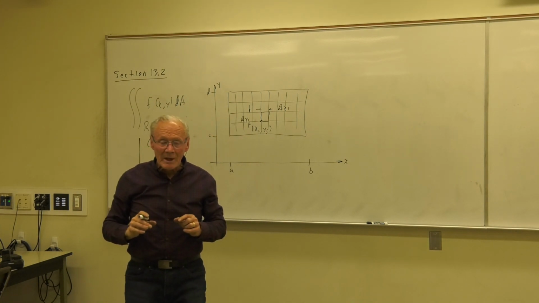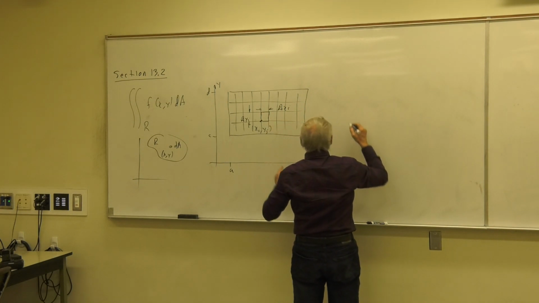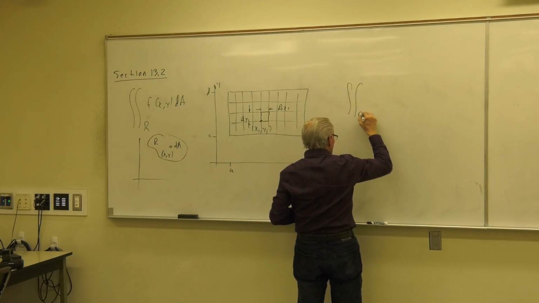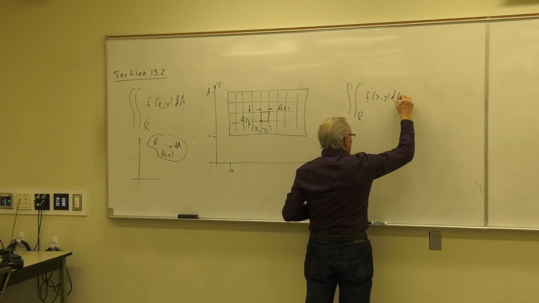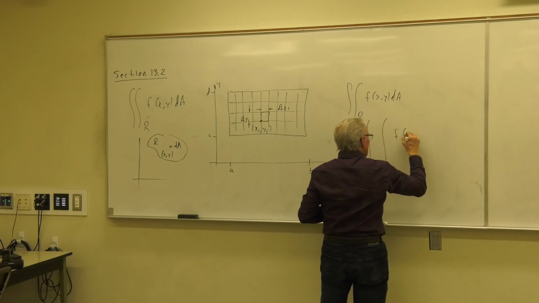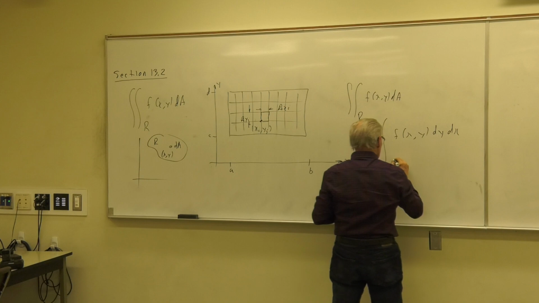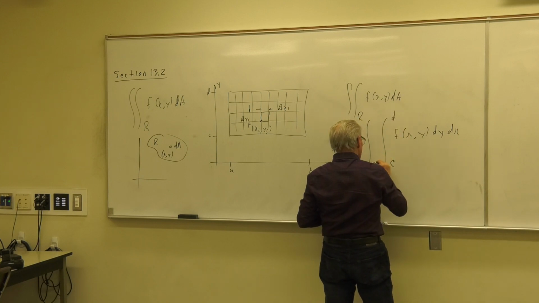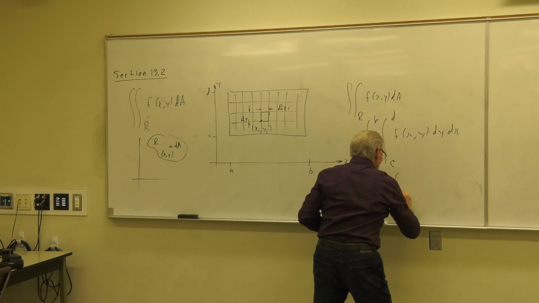And it proves by doing that that this double integral of this function f of x and y can be evaluated by the following double iterated integral, or this double iterated integral.